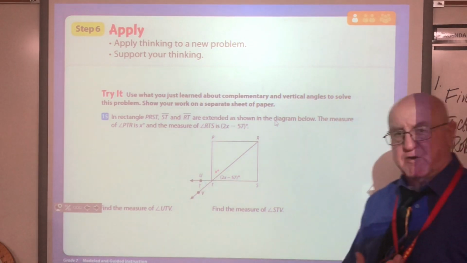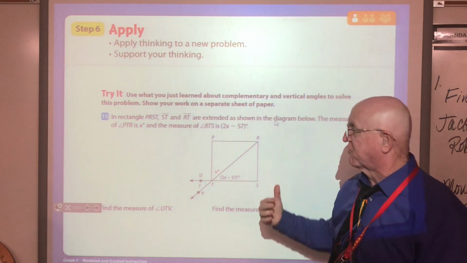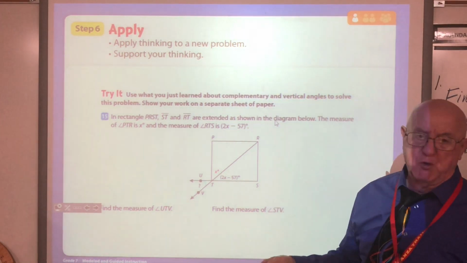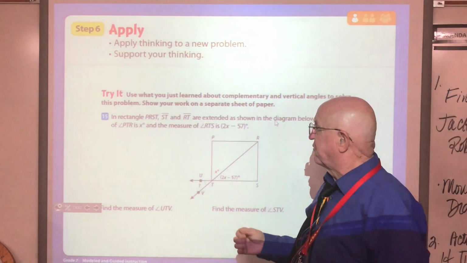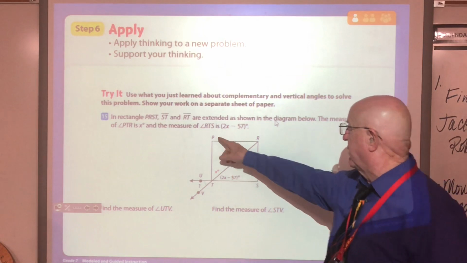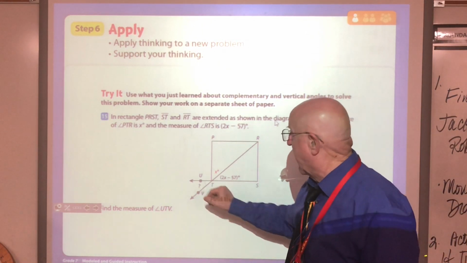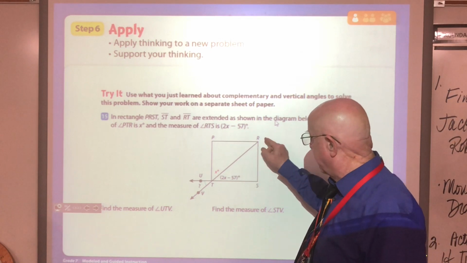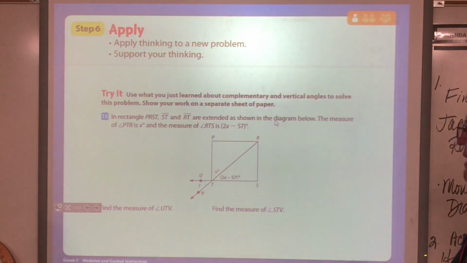Now that we've covered all that, we're going to apply our thinking to a new problem, and then we're going to support our thinking through proving our theorems are correct. So in this rectangle PRST, line ST and line RT have been extended out past the edge of the rectangle.